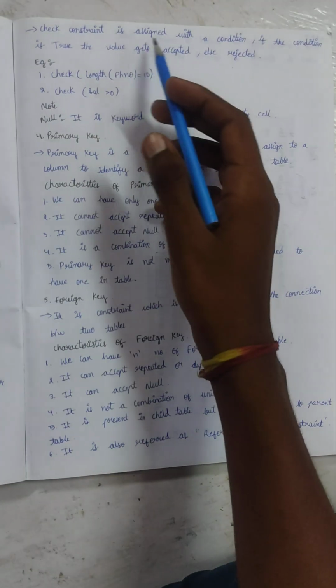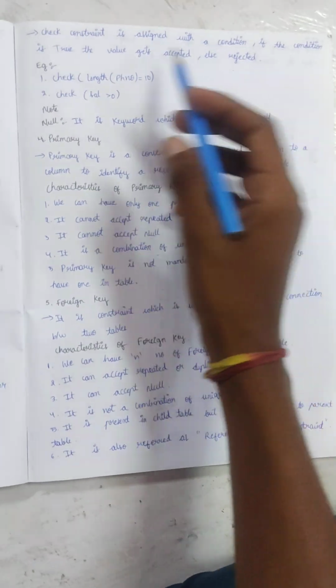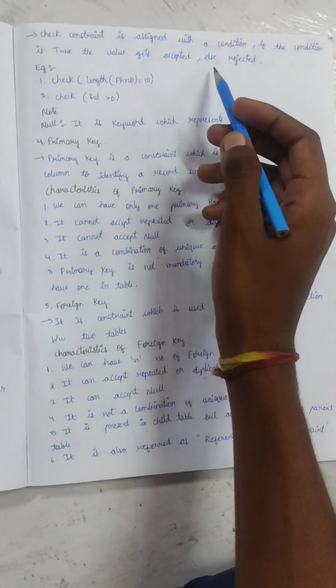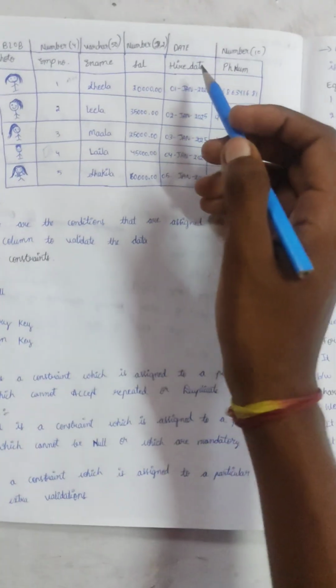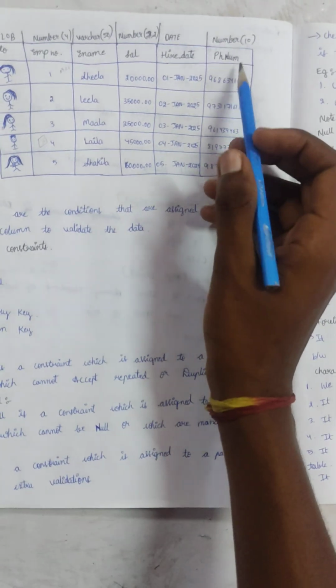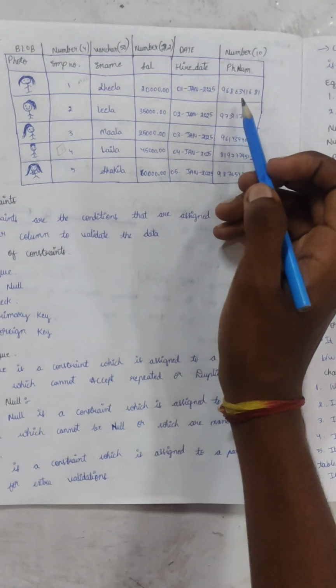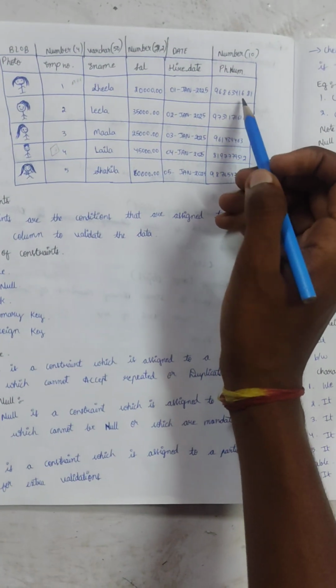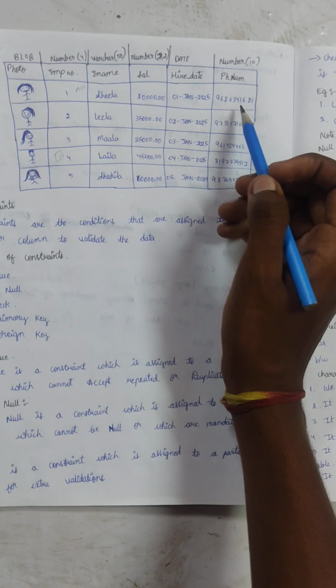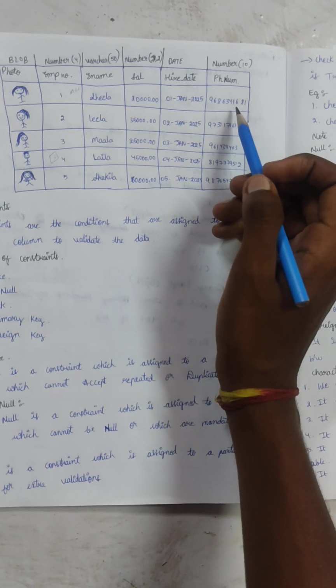A check constraint is assigned with a condition. If the condition is true, the value gets accepted, else it is rejected. So I can accept only 10 numbers in phone number.